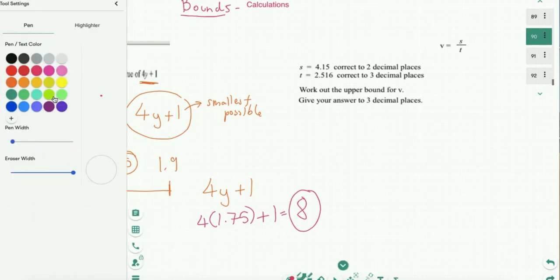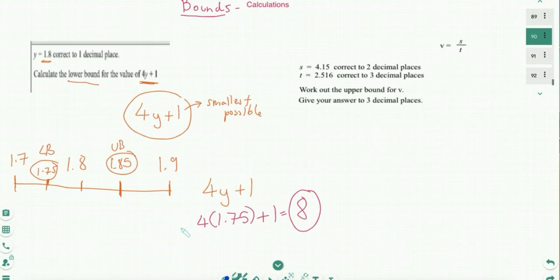Because if I was to replace y with 1.85, that would be a bigger answer. That would be 8.4. But we want the lower bound, so the smallest possible value, hence that's going to be 8. And that would be our answer.